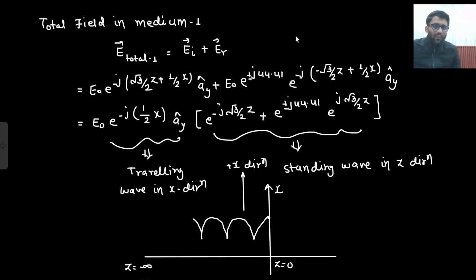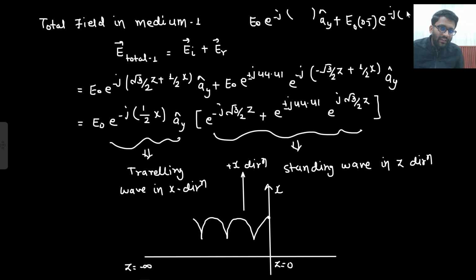Because here we are getting this factor. If there was no total internal reflection, then what would your electric field have been? It would have been something like this: E naught e to the power minus j, then this factor, ay cap, plus E naught, and then here gamma perpendicular would come, and that would be a real quantity. Let's just say that quantity is 0.5, and then e to the power minus j, this factor.